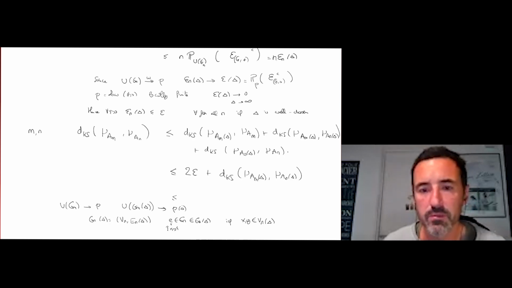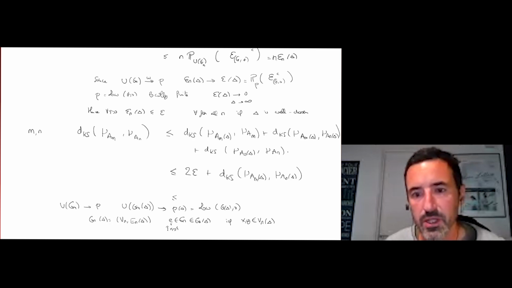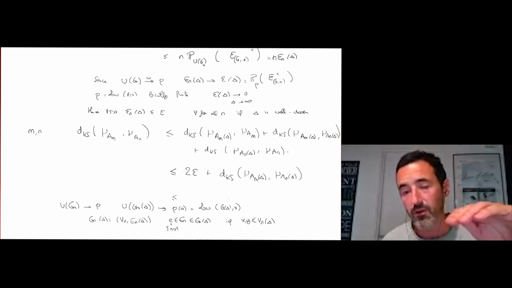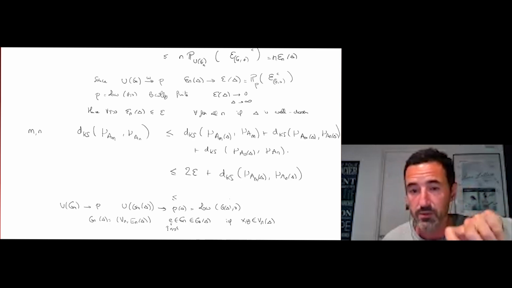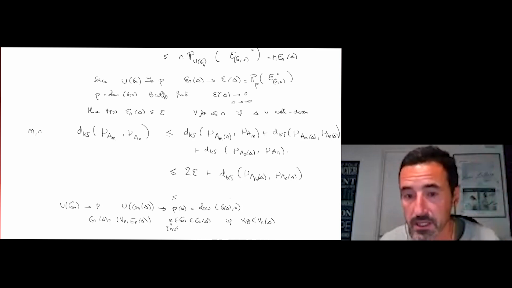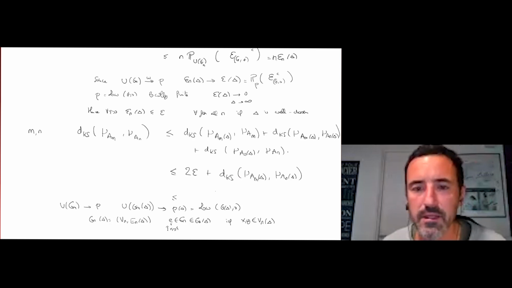Which will be the law of G δ at the root. G δ is exactly formed by removing all edges which are adjacent to a vertex which has degree at least δ.